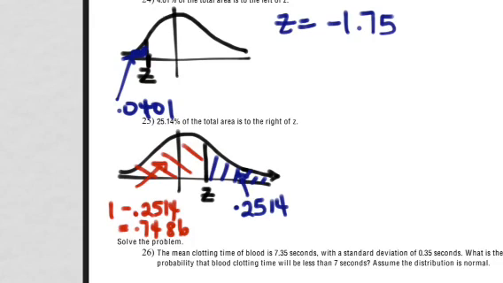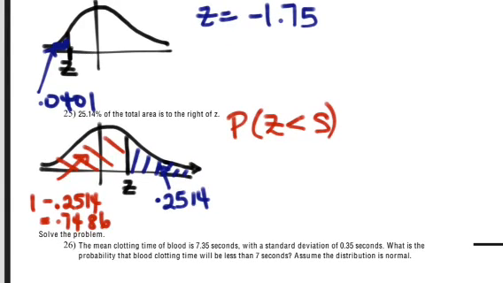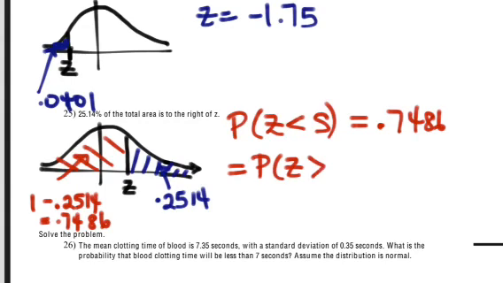That's the easiest thing to do. We should look up 0.7486 in the table because that's actually what the table gives you. The table gives you the probability of being less than some number, I guess I'll call it a z-score. So z is less than whatever that value is, 0.7486, which is equivalent to saying the probability of being greater than that value is 0.2514.